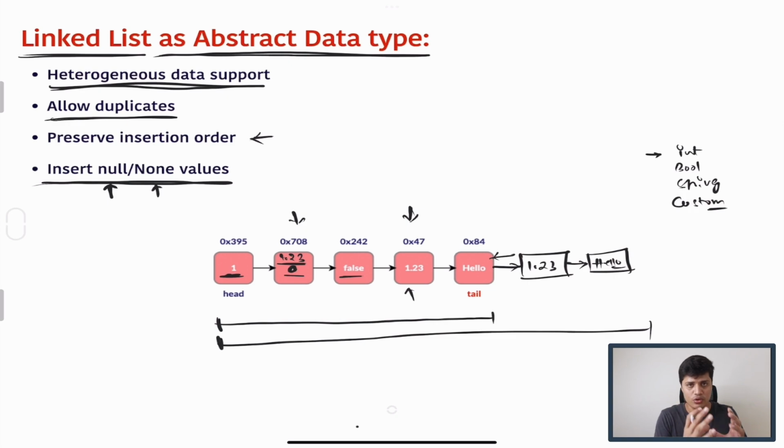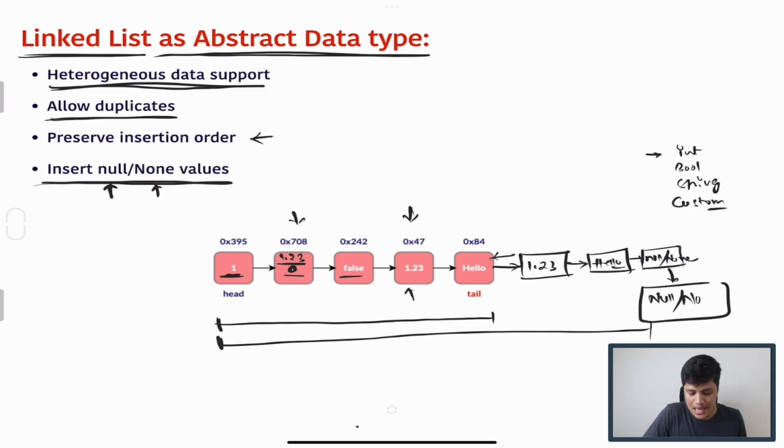You have to follow the respective representation based on the programming language that you are using for implementing the linked list data structure. That means if I want to insert some null or none value in it, inserting that value is also possible. And since we are going to allow duplicates, this value can be inserted any number of times as well.